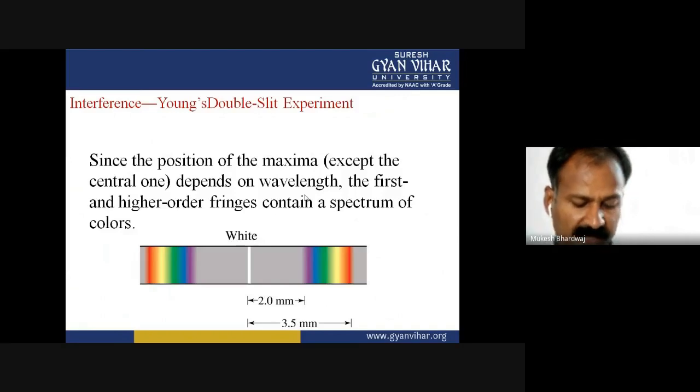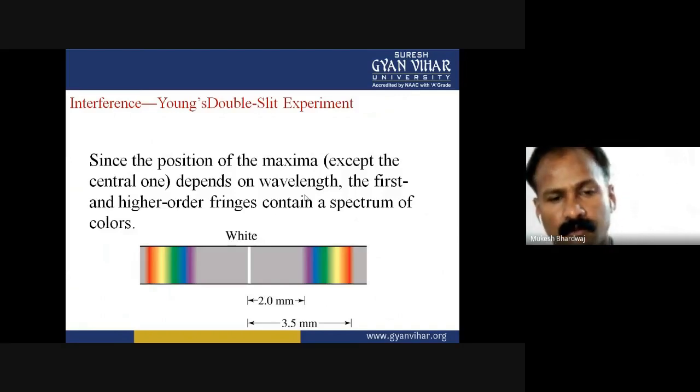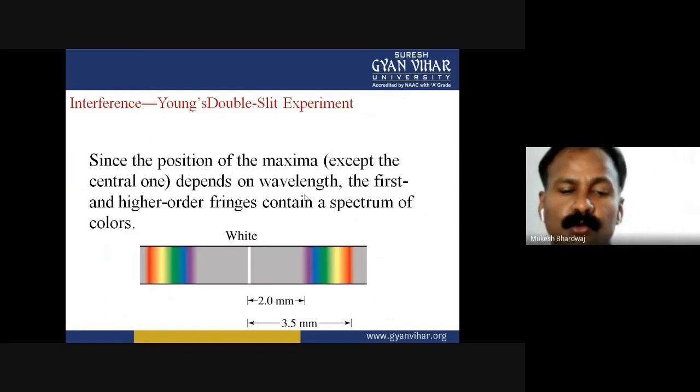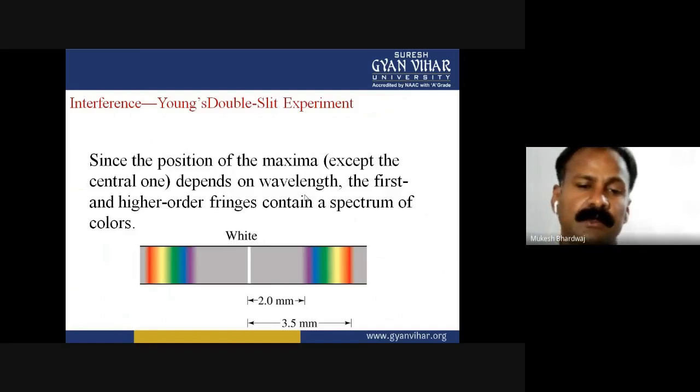Now the Fresnel biprism is an experiment in which two coherent sources are obtained by refraction from a Fresnel biprism. It consists of two small prisms placed base to base. Their refracting angles are equal and very small, of the order of half a degree.